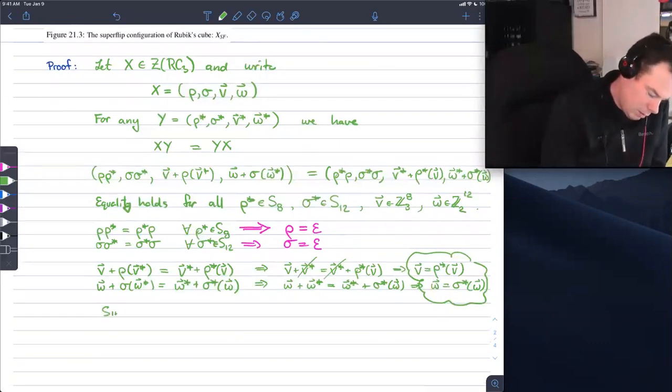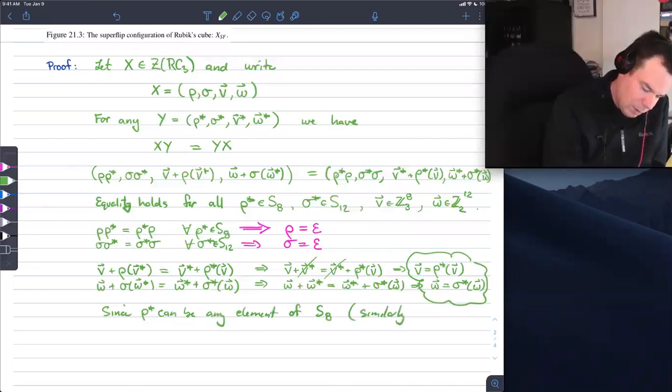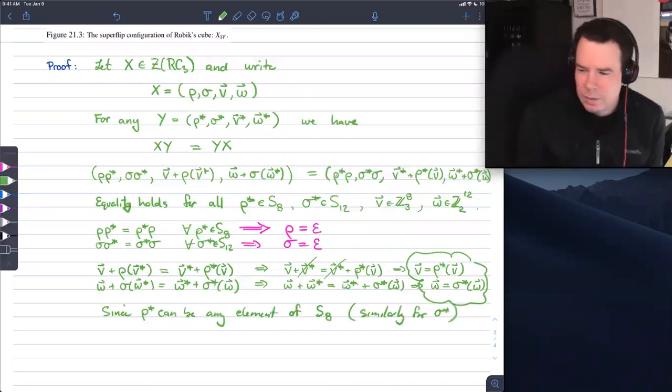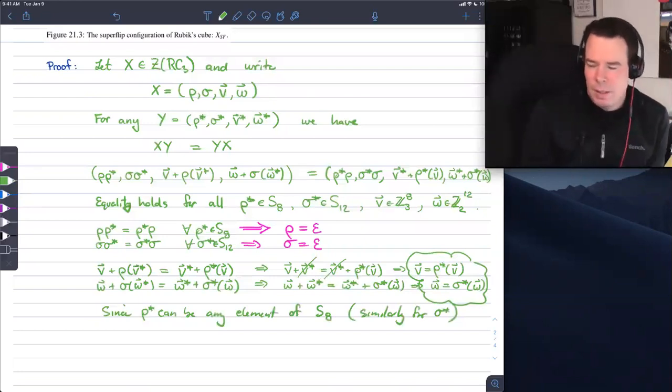So since rho star can be any element of S8, and similarly for sigma star, this is saying for any element of S8, rho star, if I permute V, I just get the same vector back.